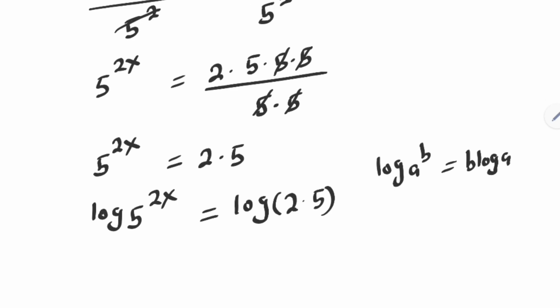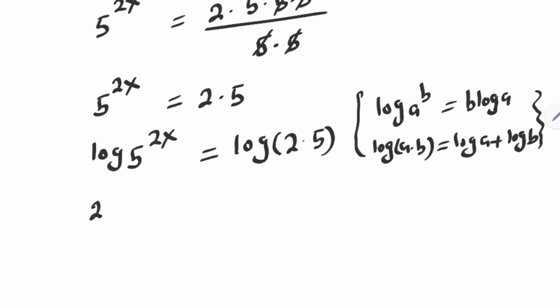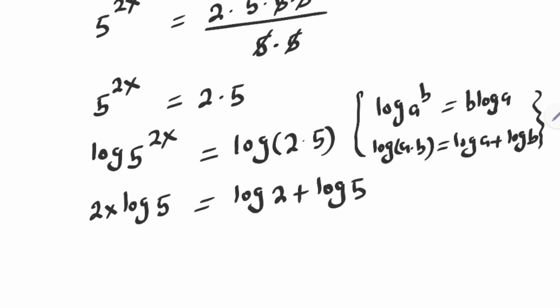And if you have log a multiplied by b, this is equal to log a plus log b. Here we have 2x log 5 is equal to log 2 plus log 5.